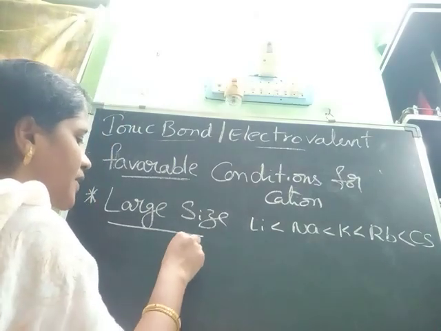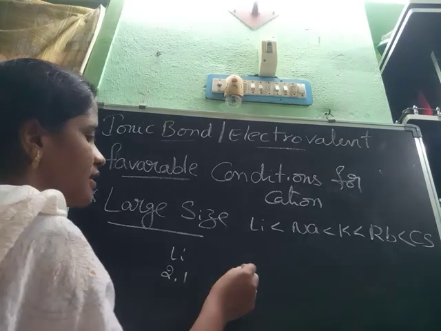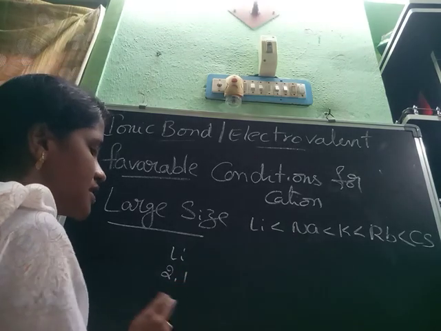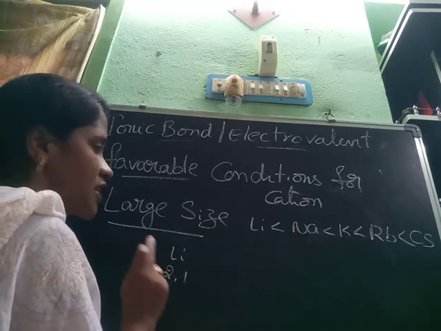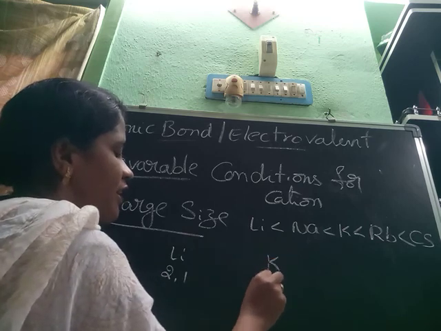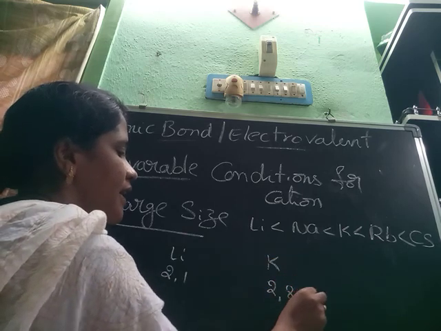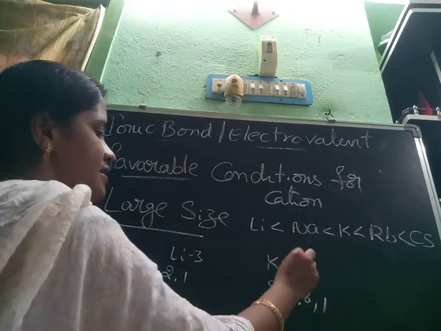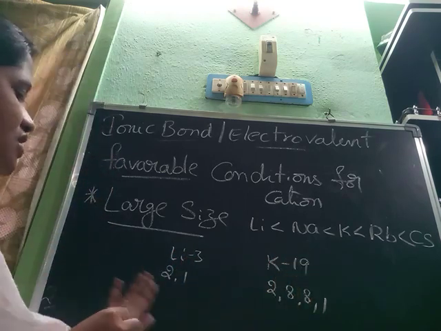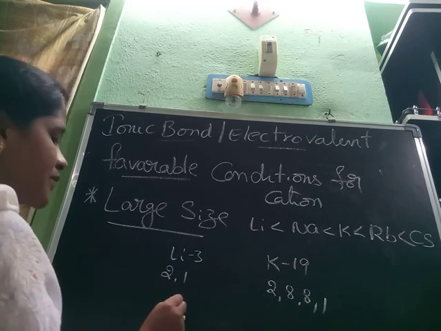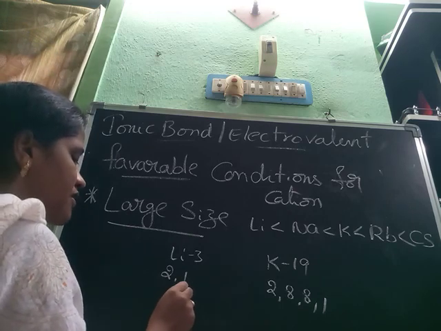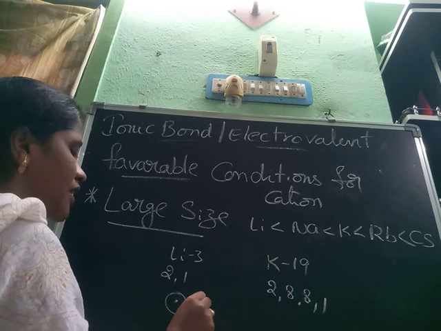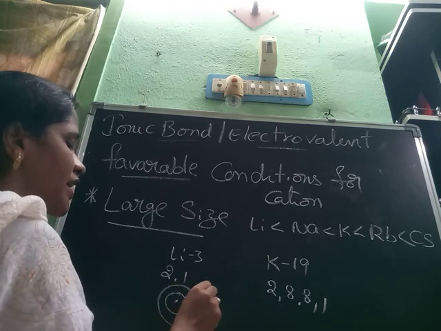See lithium, what is it? 2, 1. 2, 1 means 2 shells will be there. Next, potassium, you take it as 2, 8, 8, 1. Lithium is atomic number 3. This is 19. You see in the shell representation, lithium: this is the positive nucleus, 2 electrons and 1 electron.